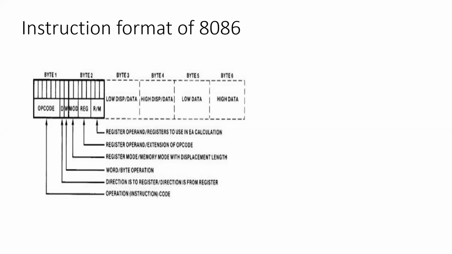The size of the instruction depends upon the type of addressing, which we'll see later. We'll see when we have the third byte, the fourth byte, and the fifth and sixth bytes, and what the lower displacement and higher displacement are. We'll understand one by one.